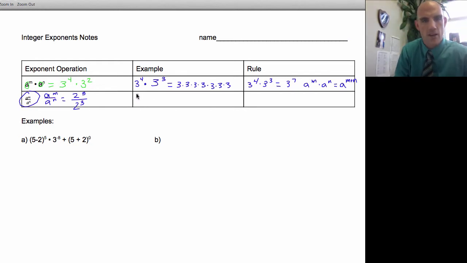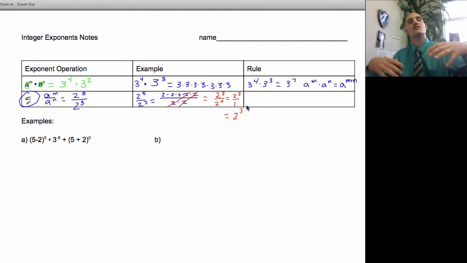If I wrote this out, that would give me 2 times 2 times 2 times 2 times 2, 5 of them on top, and 2 times 2 times 2 on the bottom. And we can start to cancel these out. So these cancel and these cancel.